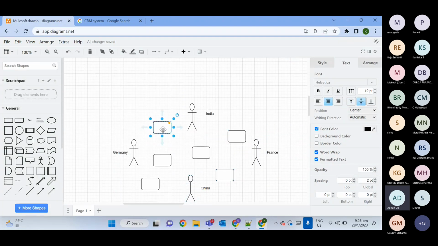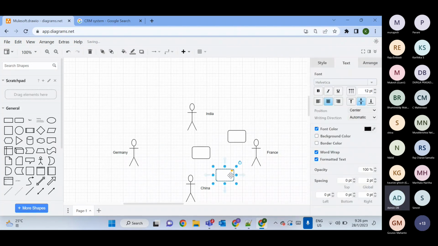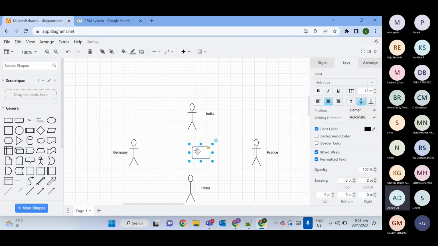Instead of this, what we can do, we can develop one device or we can hire one translator. So we can hire one translator who knows all these languages also, means who knows how to communicate between all these people.